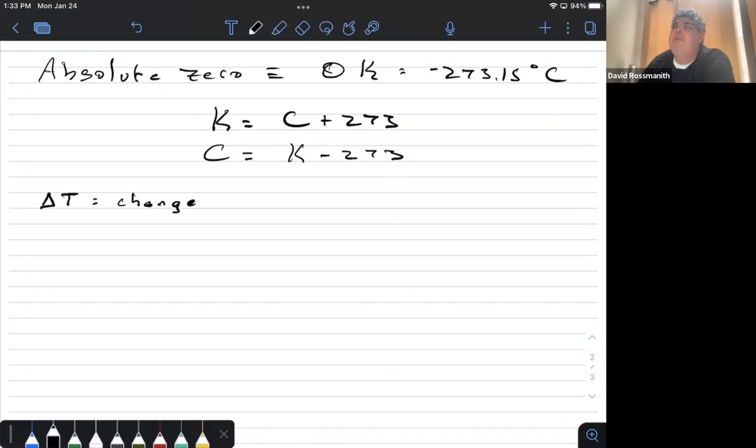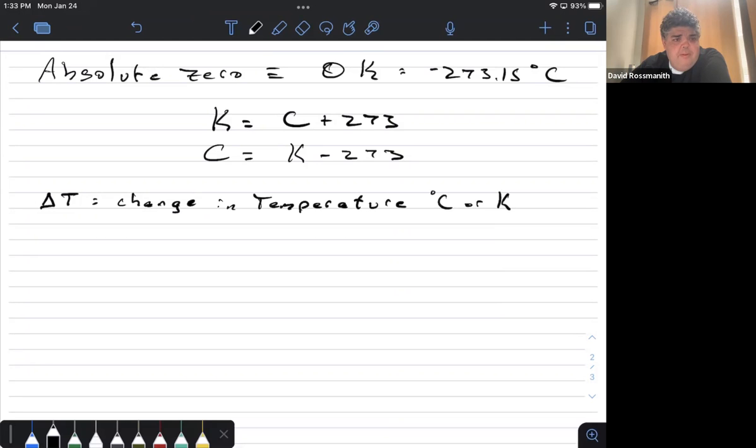Like you cooled down your beer from 25 Celsius, room temperature, down to 2 degrees Celsius. So you changed a certain temperature. A change in temperature in your equation allows you to use Celsius or Kelvin. It doesn't matter.